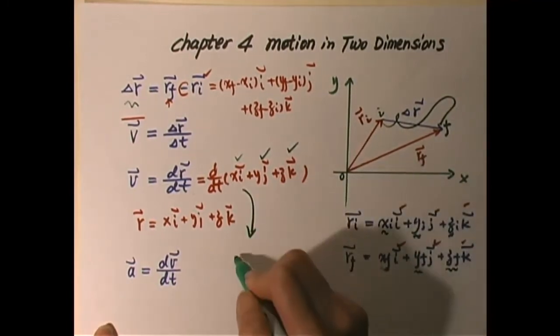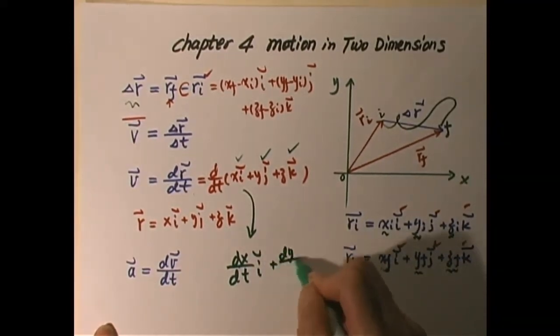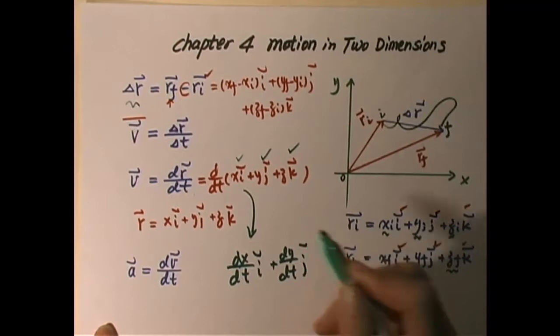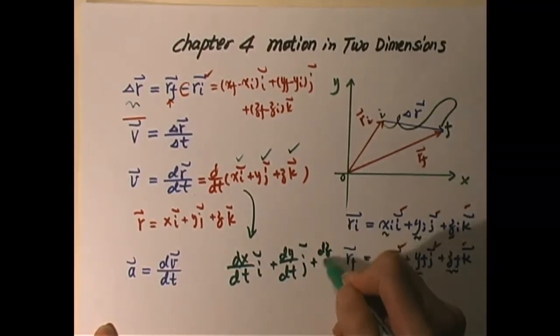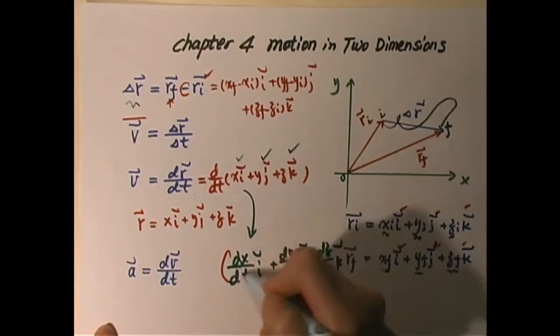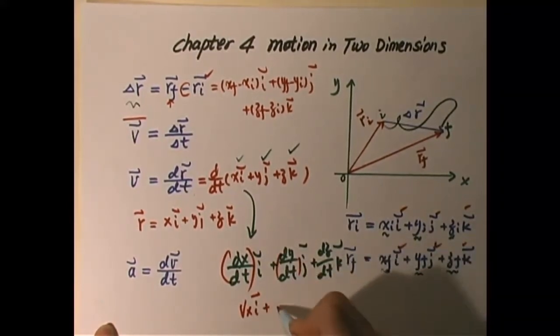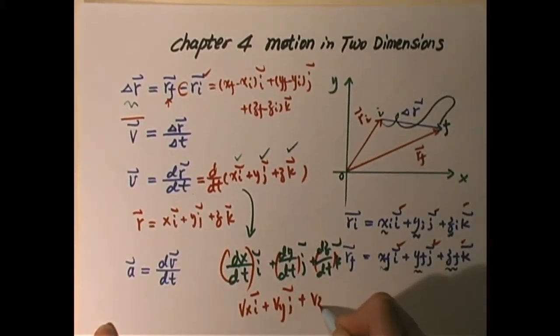from here is dx/dt of i. That's the first term. Second term, dy/dt of j. The third term is dz/dt of k. If you remember, if we define dx/dt as vx, then we have a reason to name dy/dt as vy, and dz/dt as vz.